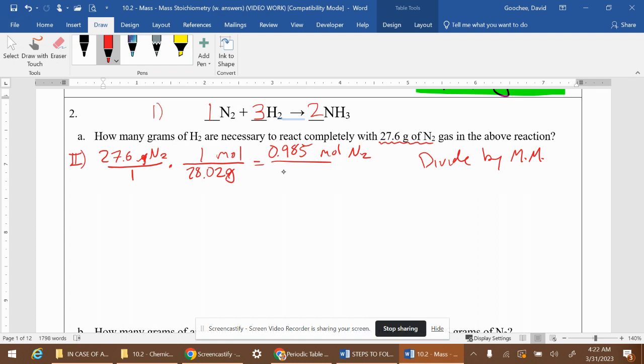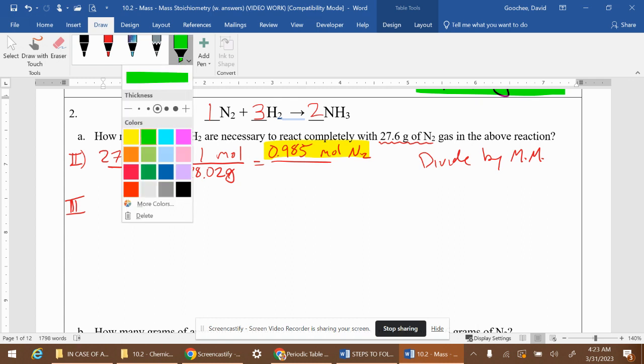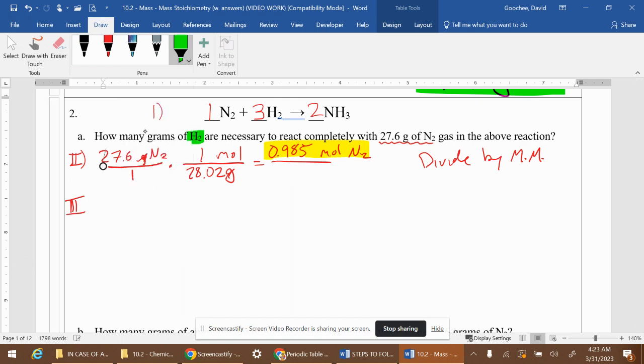The next step is we have to take our moles of nitrogen and we have to convert them into moles of the final product that we're looking for. In this case, we are looking to figure out the amount of hydrogen. So we got to get out of nitrogen moles into hydrogen moles. And we're going to use the balanced equation for that.